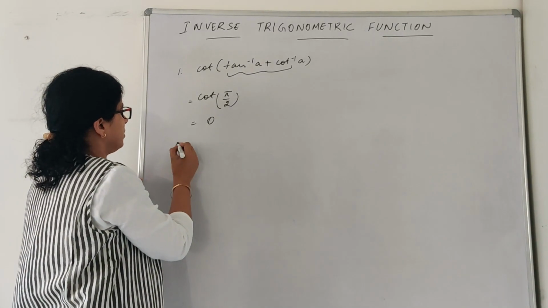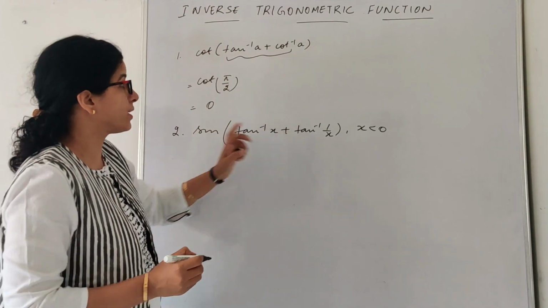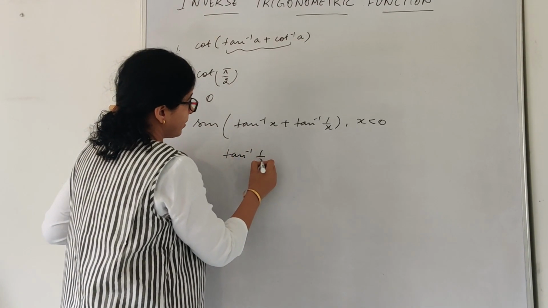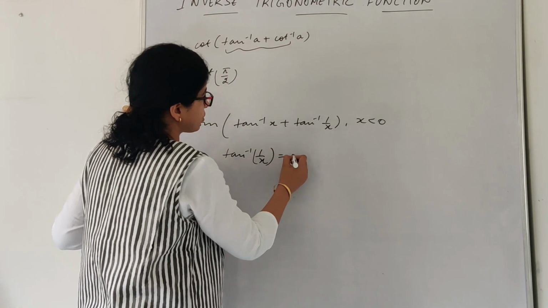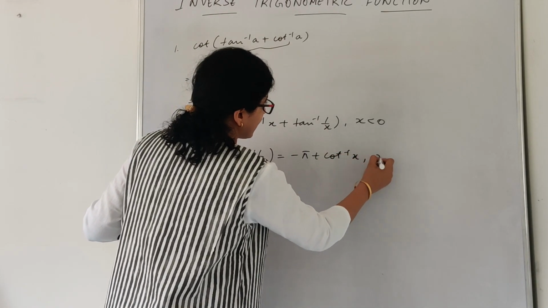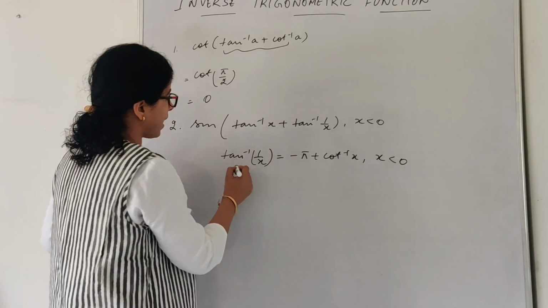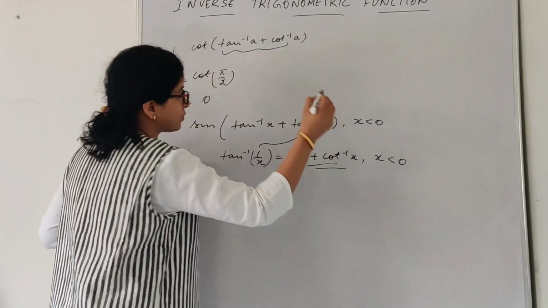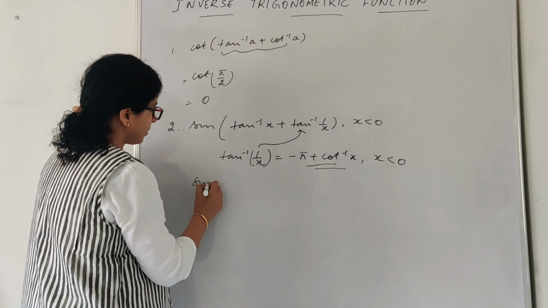Now next question. We have studied the property that tan inverse 1 by x equals minus pi plus cot inverse x when your x is less than 0. So I can replace my tan inverse x by this value. What will it become?